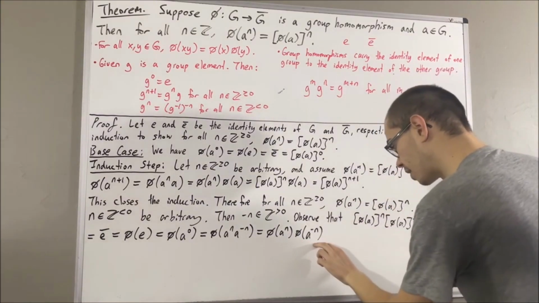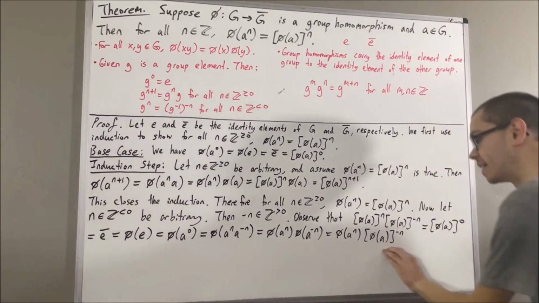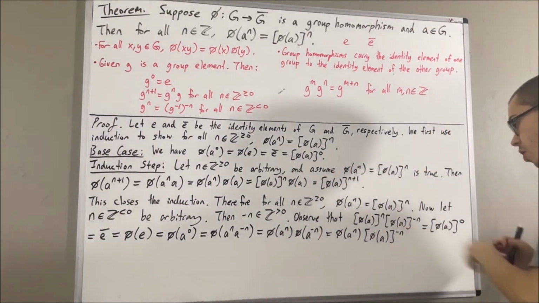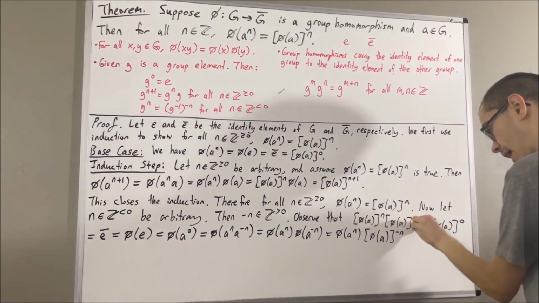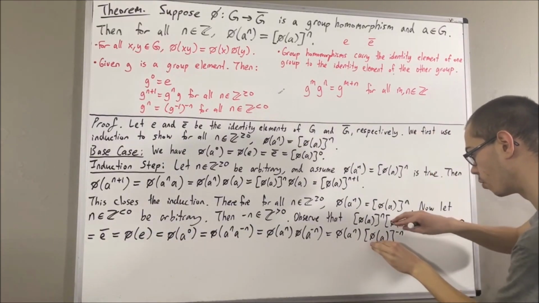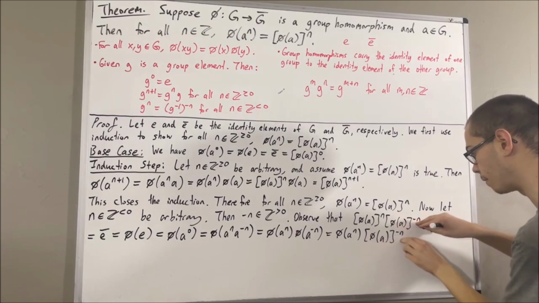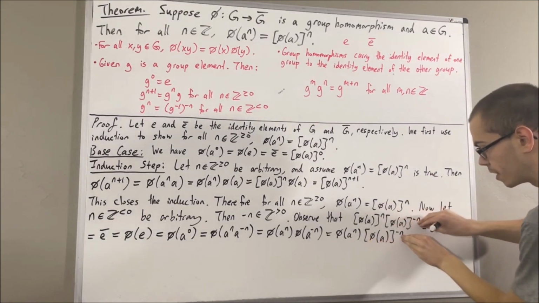So we can re-express this guy as this. So this chain of equalities tells us that this guy is equal to this guy. And notice, both guys contain phi of a to the power of negative n. So applying the cancellation law, we can cancel out the phi of a to the power of negative n's.